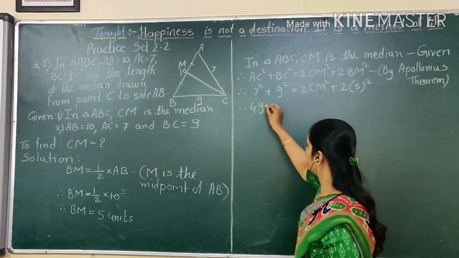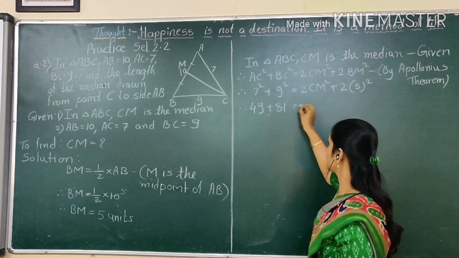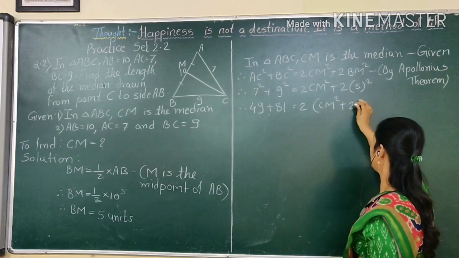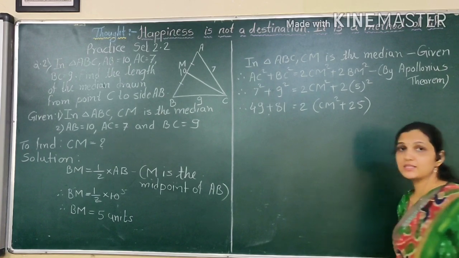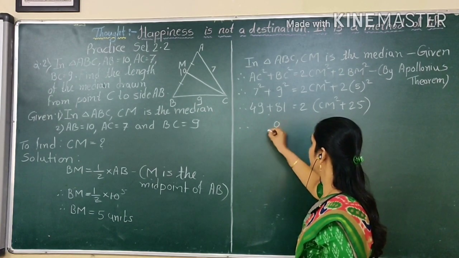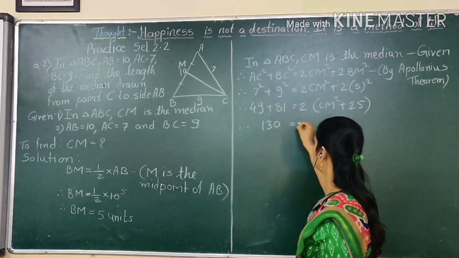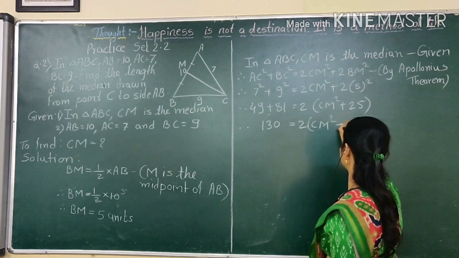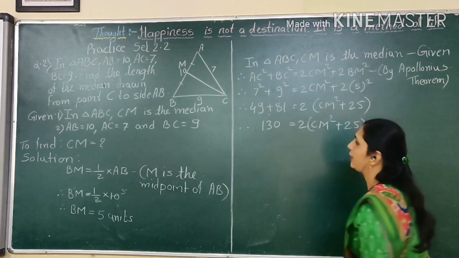Square of 7, 49. Square of 9 is 81. 2 we can take common. CM square plus square of 5 is 25. Here 49 plus 81, 130 is equal to 2 CM square plus 25.